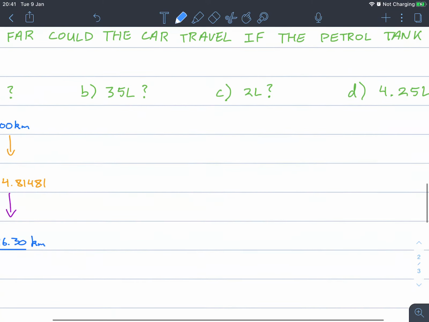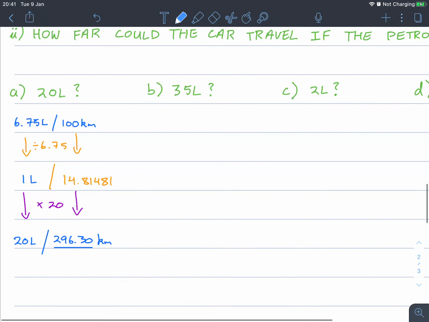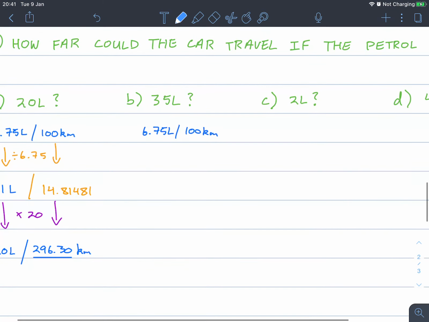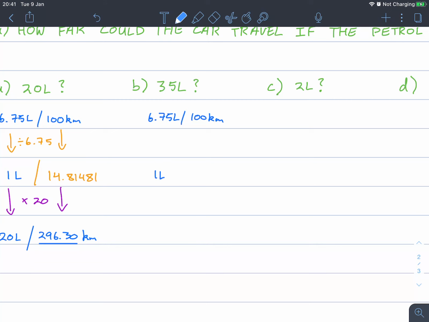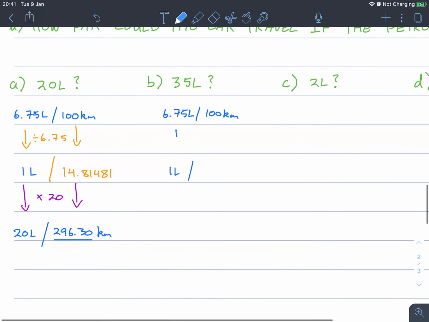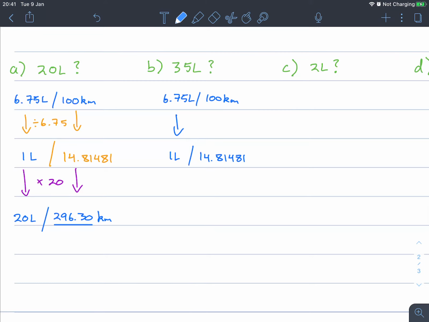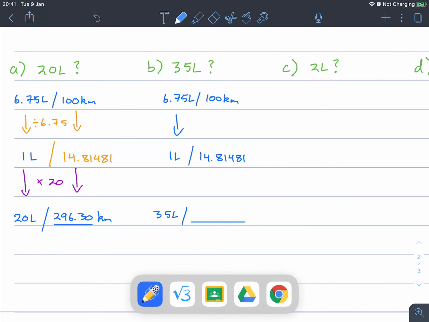Let's do this again. So let's start off with the original value, 6.75 liters per 100 kilometers. Let's find 1 liter first, which we already know because it's going to be the same value. So 14.81481. And this time we're given 35 liters, which will tell us the distance that we require.